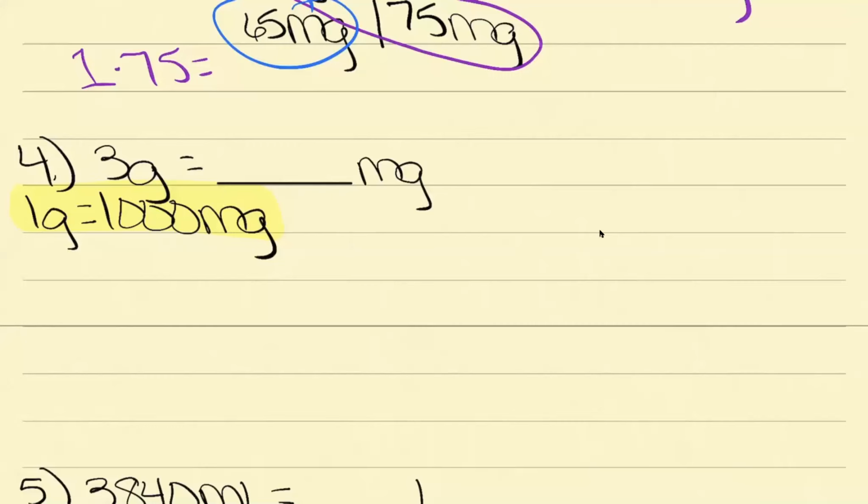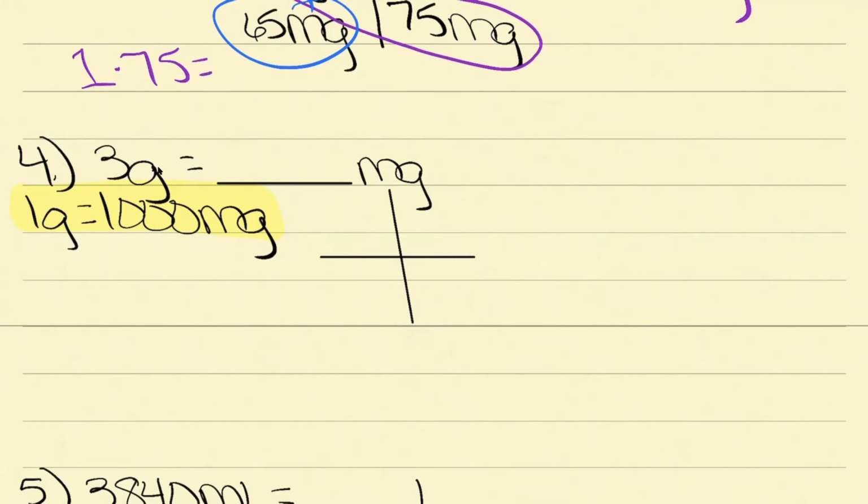Okay, so 1 gram equals 1,000 milligrams. So I'm gonna do the cross. If you cannot see this right away, if 1 gram equals 1,000 milligrams, then that means 3 grams equals 3,000 milligrams. But I'm still gonna do the cross, and I'm also gonna show you for problems like this the decimal place value.